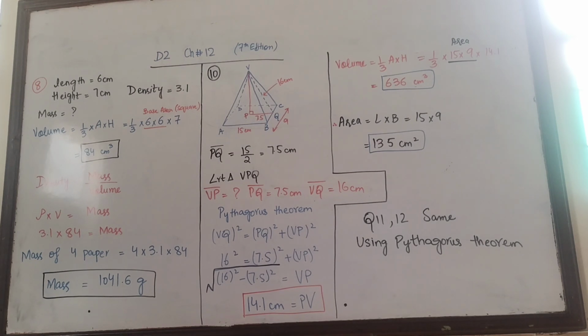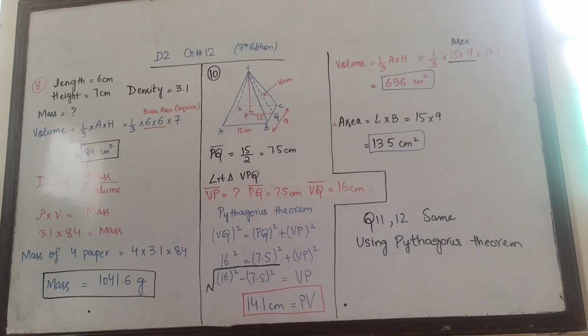The height of the pyramid is actually the red line represented by VP, from the apex to the midpoint of the rectangular base or any base of the pyramid. From apex to the midpoint, this is called the height.